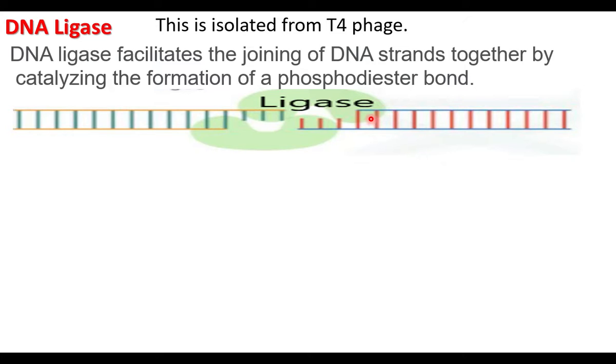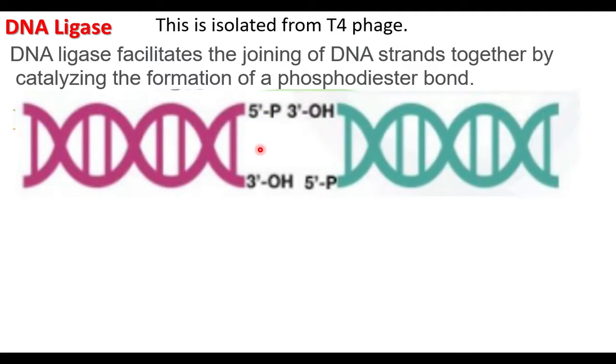In this way, this enzyme causes fusion of two DNA fragments. The phosphodiester bond is formed by DNA ligase between the 5' phosphate group of one strand and the 3' OH end of another DNA.